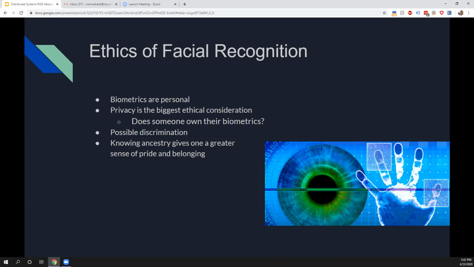So this brings up a really good question of, is someone entitled to their own biometric data? Should photo IDs be used for a driver's license, for example? Well, there was a paper by Anton Alderman called A Piece of Yourself: Ethical Issues in Biometric Identification.